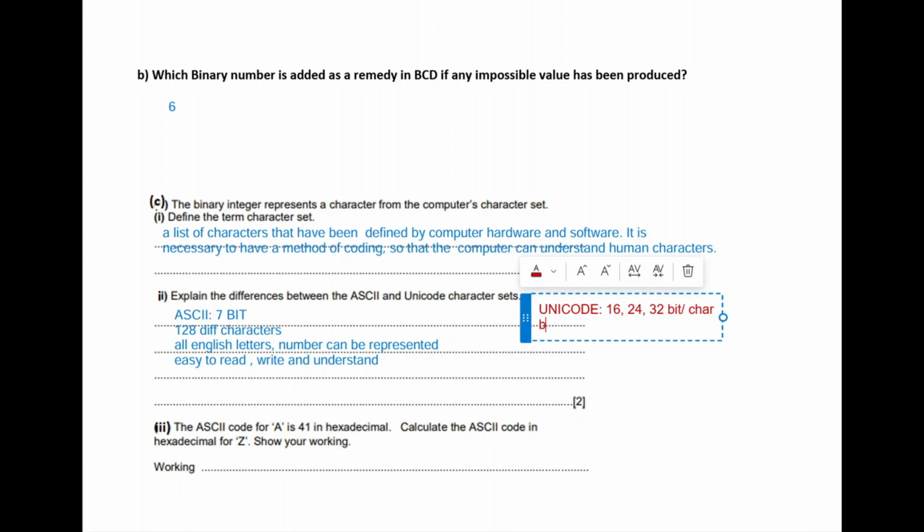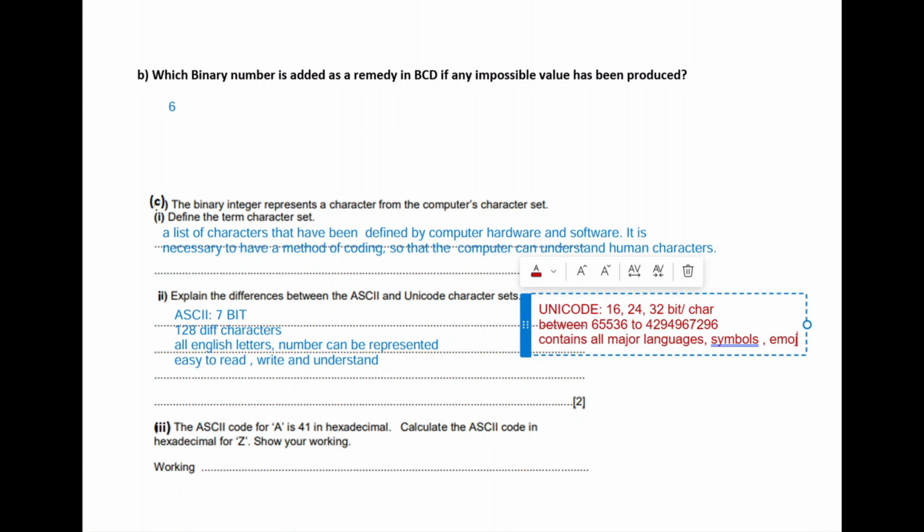This all depends upon the system that you are using. It also contains all major languages other than English, English also, but other than English, it contains all the major languages of the world and different symbols and emojis also, right? So this was the basic difference.